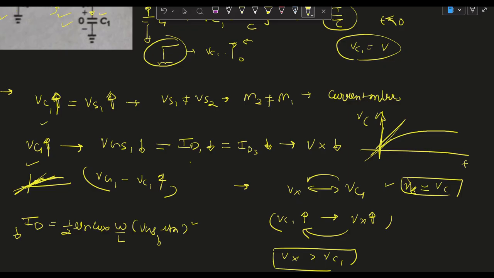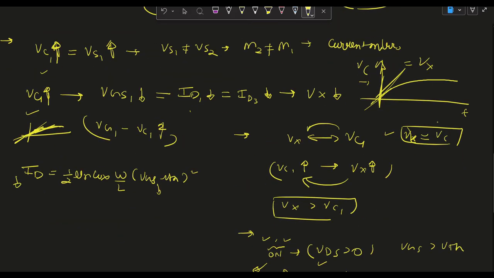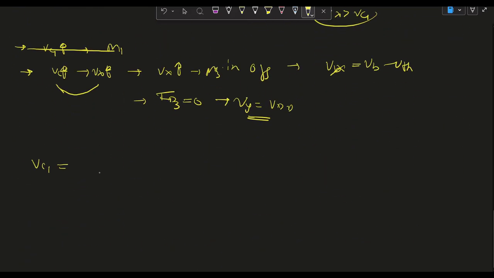So our Vc will look like this, and same for Vx, as Vx is following Vc1.